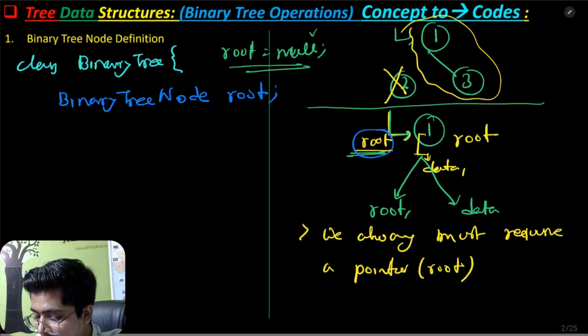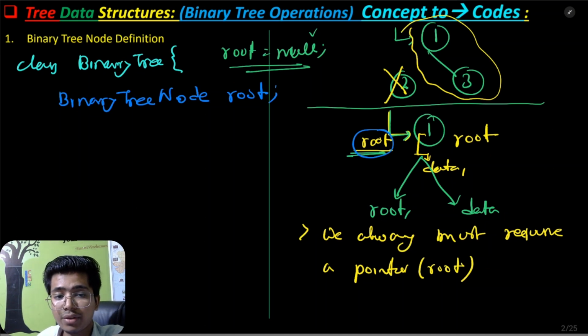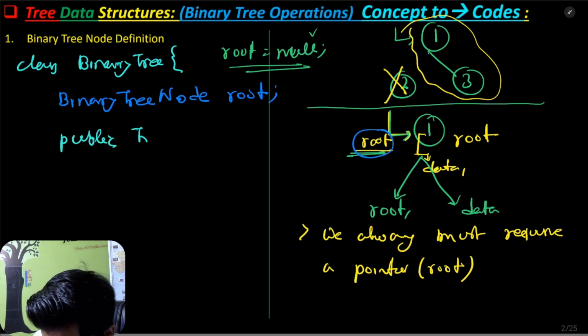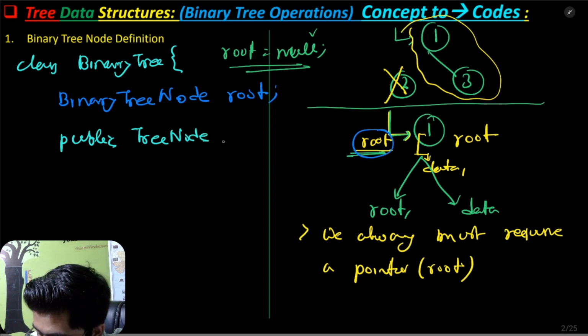Okay, now we have created the binary tree node. Now we have to declare the function, we have to create the function. So for that, let's create the function, and after creating the function, we have to return the main root also, which will be of tree node type. So the return type will be tree node. So let's create the function public tree node insert, because we will be inserting data here.